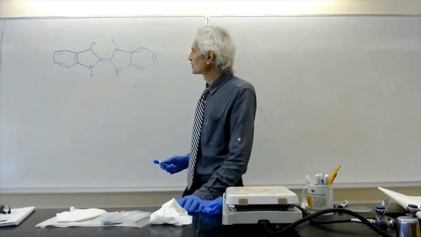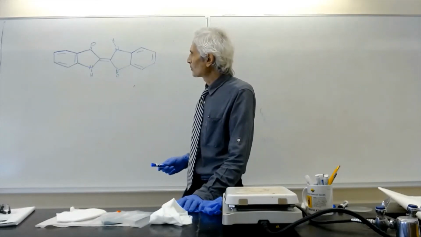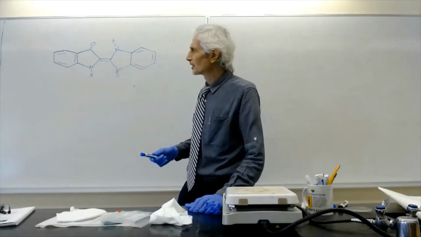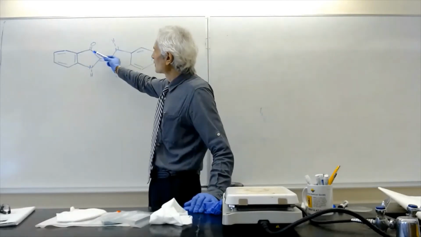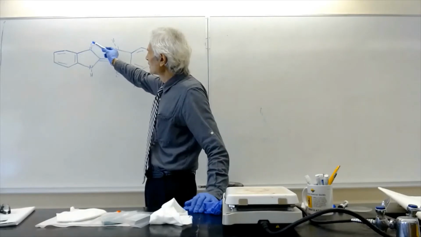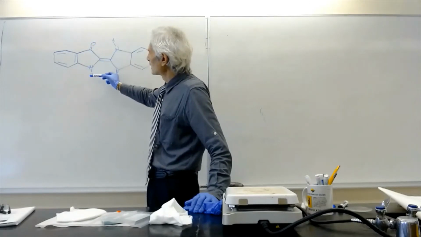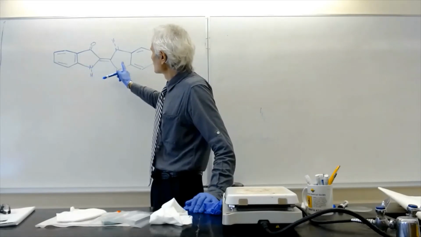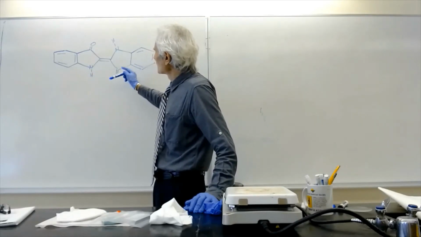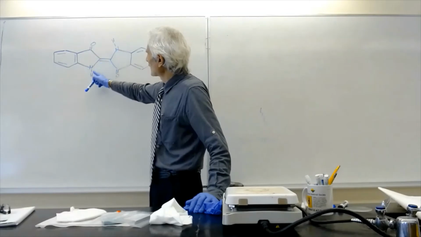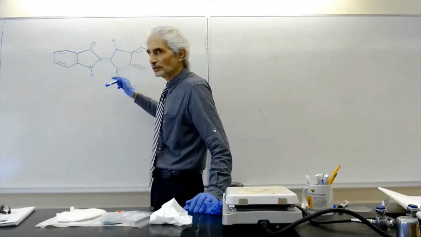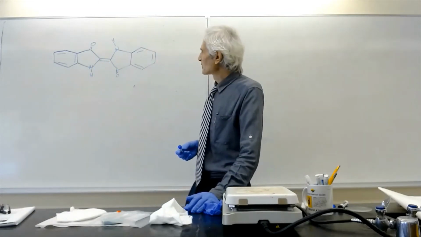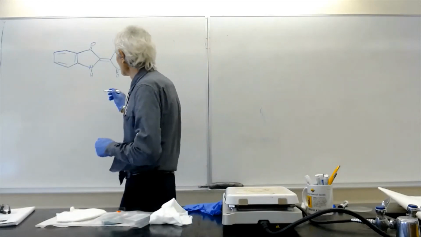As you can see, or as you might learn in lecture, you've got a couple of functional groups, such as the carbonyl or the ketone, and here you have an amine, and then you have the same thing on the other side, except the nitrogens are diagonal and the carbonyls are diagonal. Okay, so this is the structure of indigo.